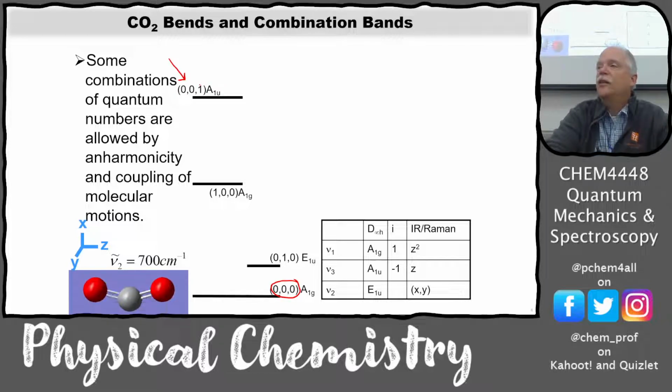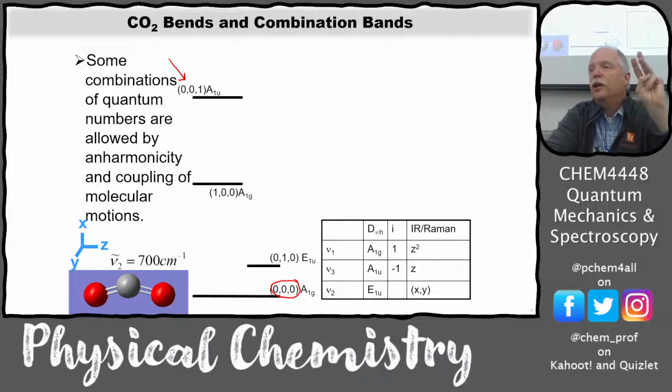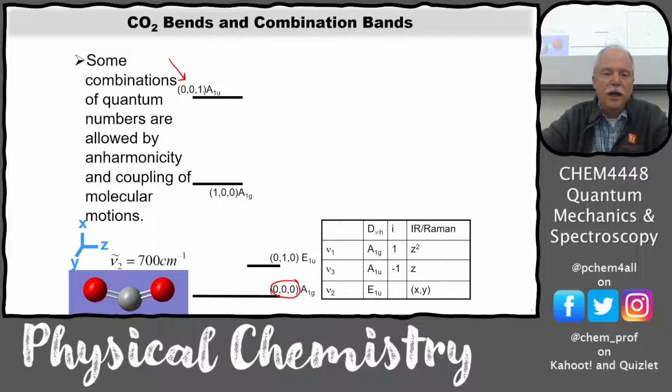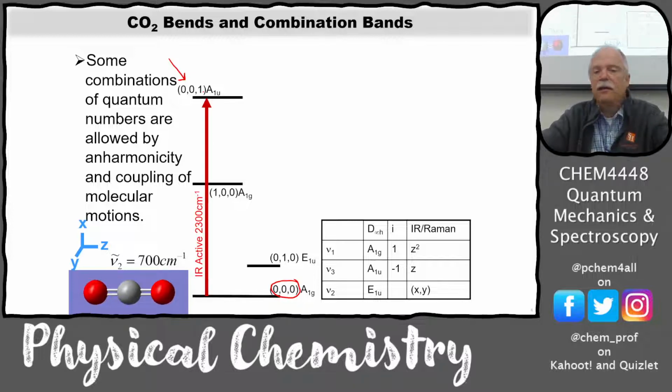So does everybody understand the notation? The 0,0,1 band is just a single excitation, the fundamental, in the third vibration. We call it nu 3, the vibrational frequency of the third normal mode of vibration. And that one is directly excitable with infrared light.